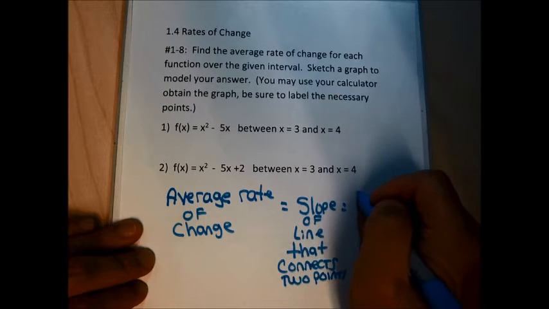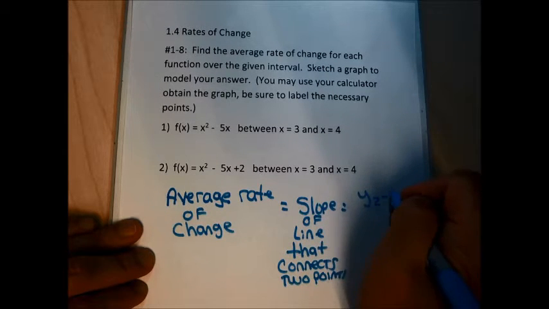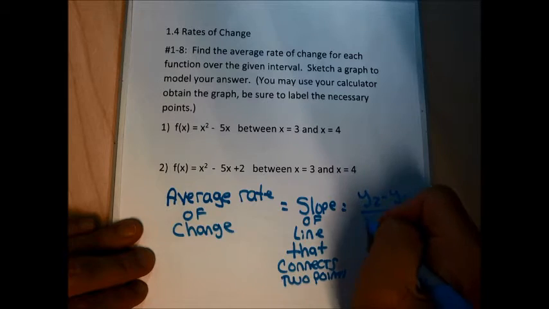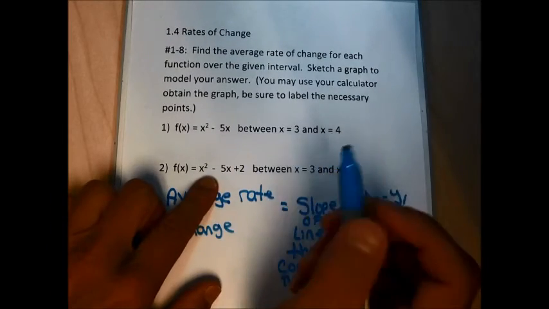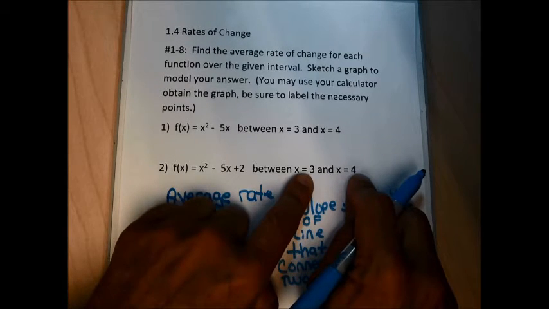So I would have the formula y2 minus y1 over x2 minus x1. Let me give a picture of this function and the line that we're trying to find the slope of.